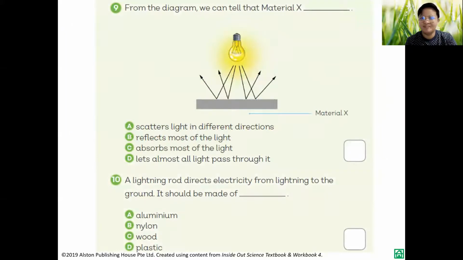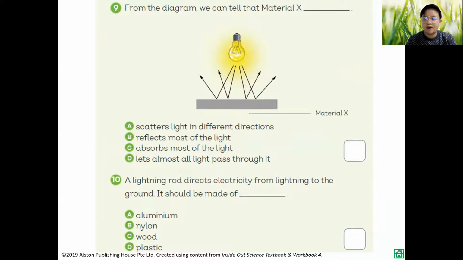Number 9. From the diagram, we can tell that material X, this is material X. So A, scatters light in different directions. B, reflects most of the light. C, absorbs most of the light. Or D, lets almost all light pass through it.